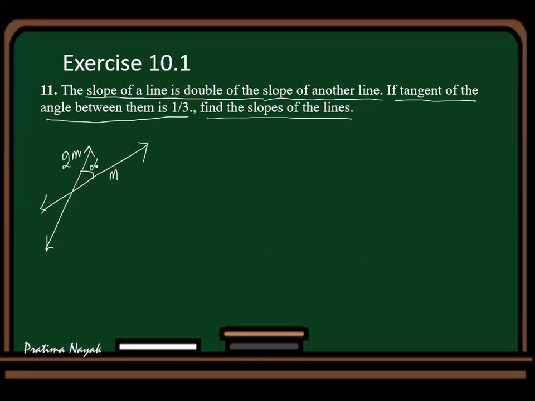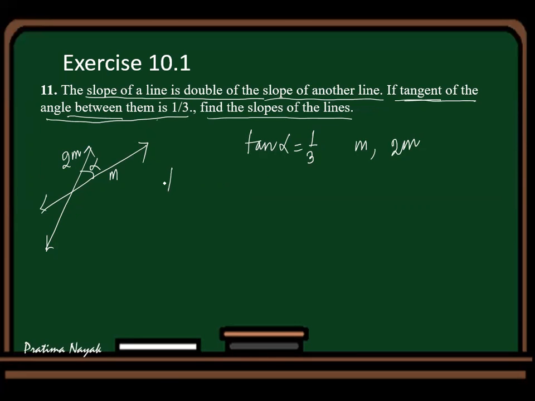And the angle is alpha, and tan alpha is equal to 1 by 3. The slopes are m1 is m and m2 is twice m. You have to find the slopes.